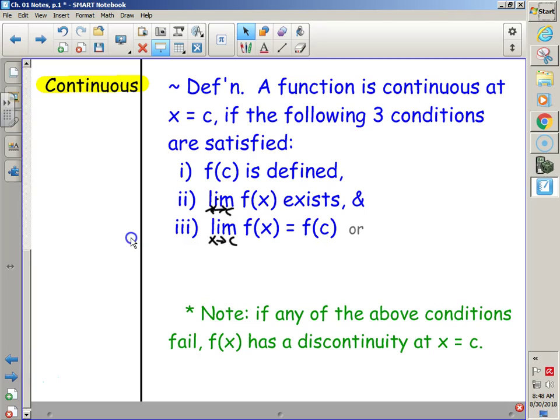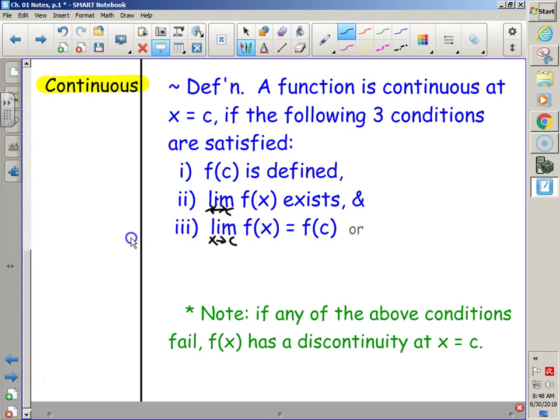Somehow there's a discontinuity. Now let's talk about this. For a limit to exist, technically, what needs to be true? How many sides need to work? Yeah, 2 sides, they need to both agree.